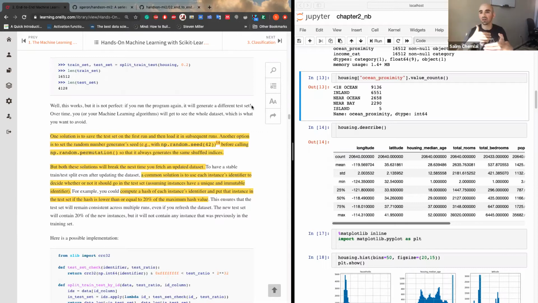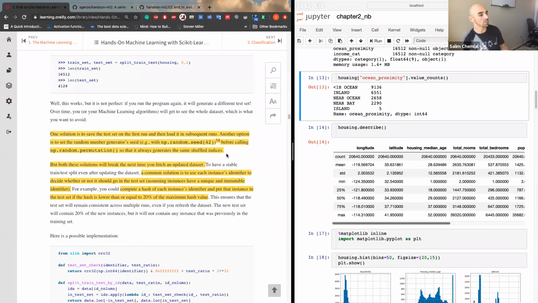That way we can compare the results between this run and the following run when we change stuff. And this is his first suggestion: we want to specify a seed. The other suggestion is that you can save the test set and load it every time. But both of these have limitations.